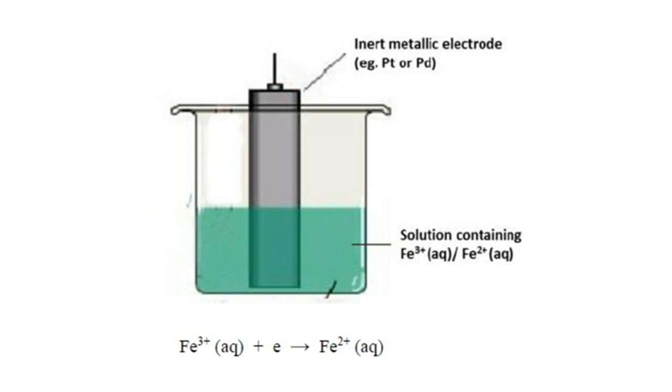You can see the diagram and easily understand what equilibrium exists here. It is quite simple. Now you can identify the oxidation and reduction reactions. There is an external connection for this electrode, and it consists of platinum or palladium, an inert material.